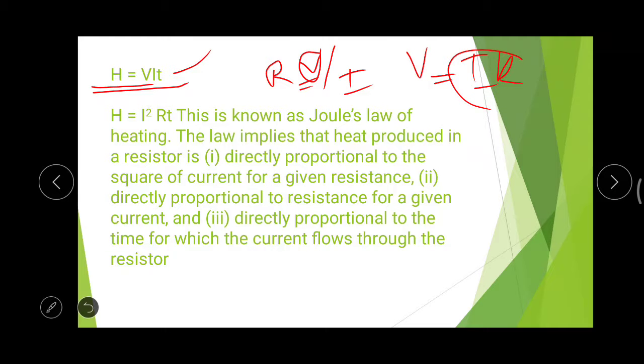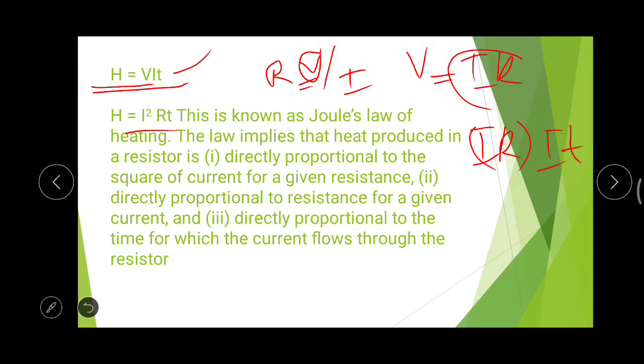Then H will be equal to I R into I into T. So I into I will be I square. So I square into R into T will be the other equation.